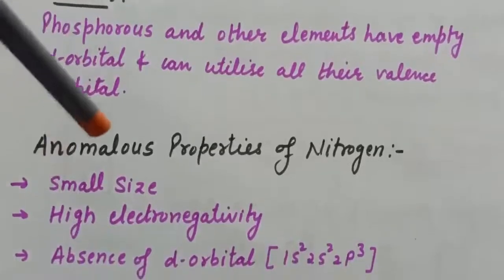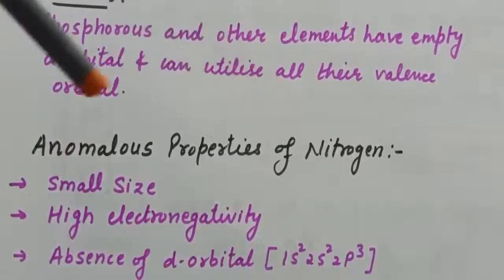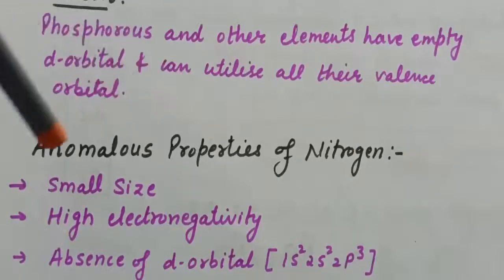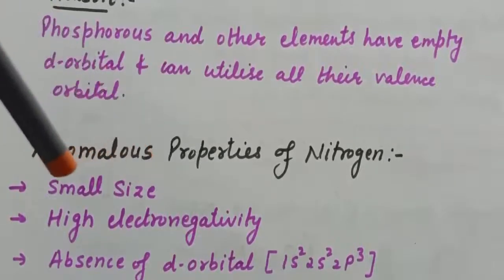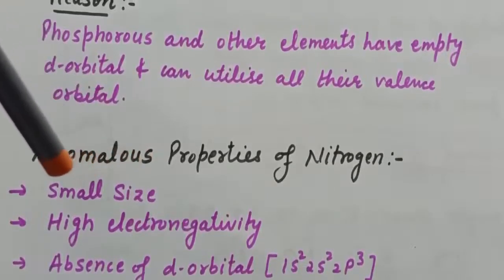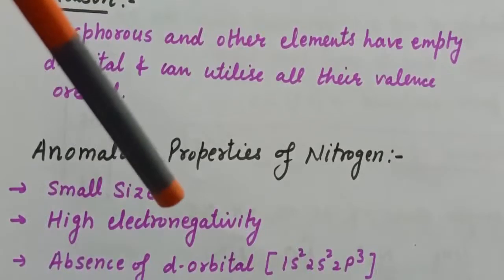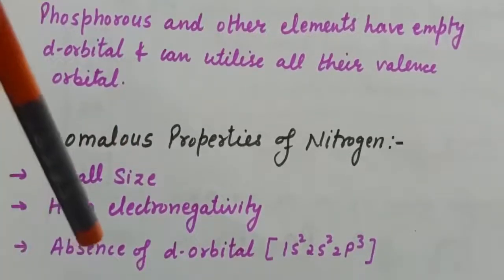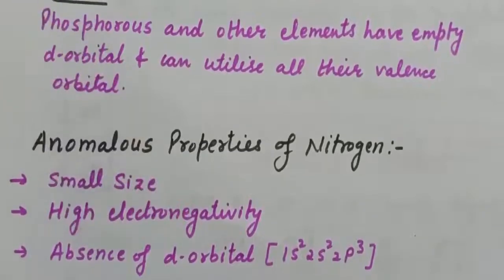Next is anomalous properties of nitrogen. So nitrogen differs from the rest of the members of this group due to its small size, because in group 15 nitrogen has the smallest size and it has high electronegativity. And there is no d orbital in nitrogen.